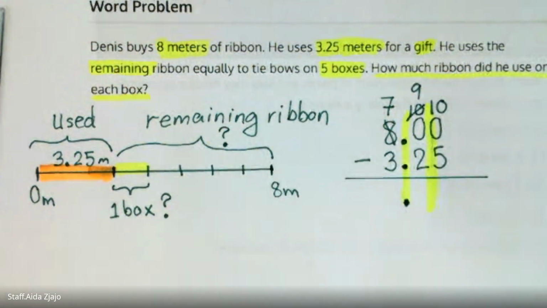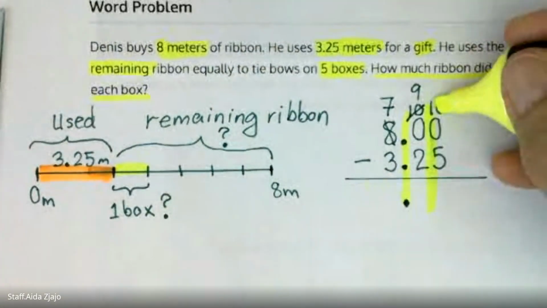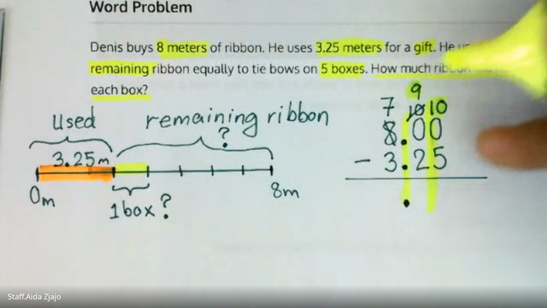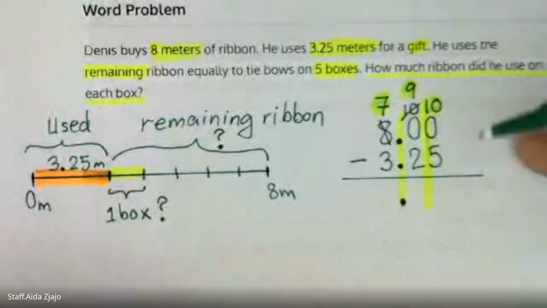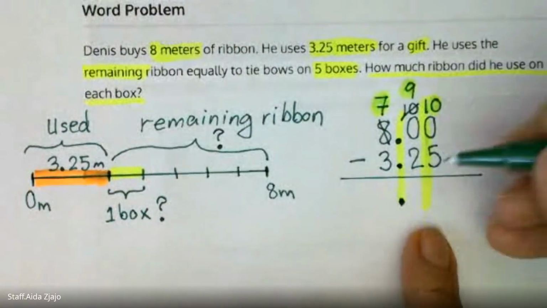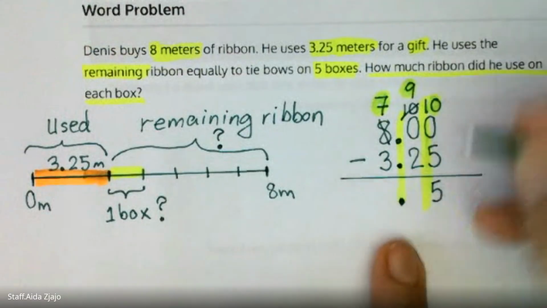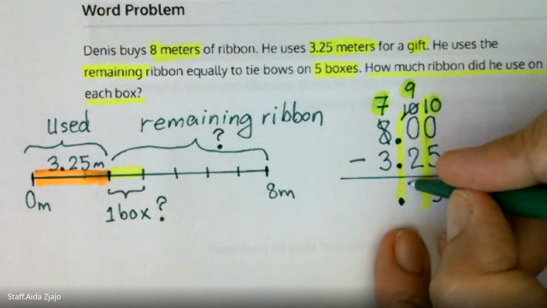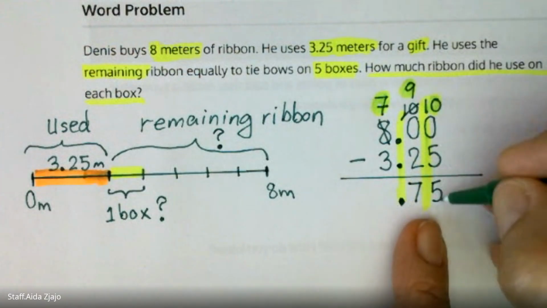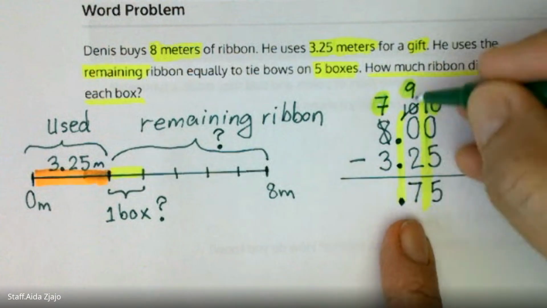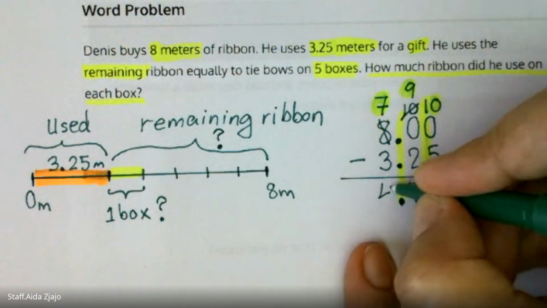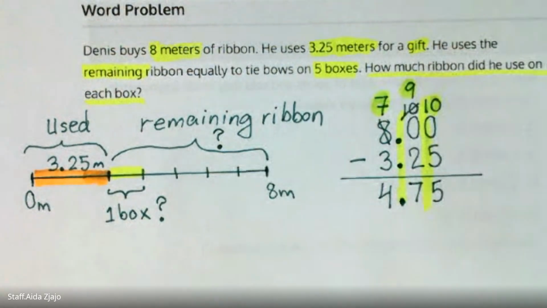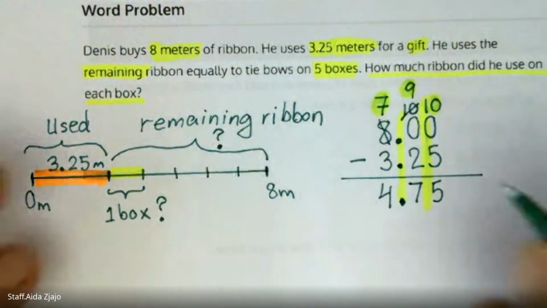Now I have 10 hundredths, 9 tenths, and 7 wholes, and I can subtract. 10 give away 5 is 5, 9 give away 2 is 7, and 7 minus 3 is 4. So remaining is 4 and 75 hundredths meters.